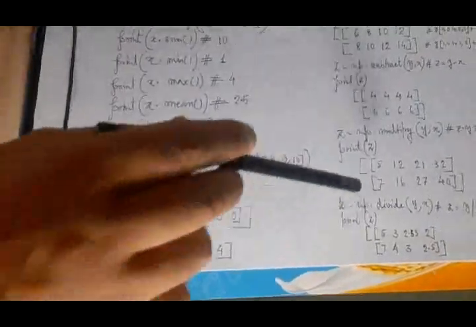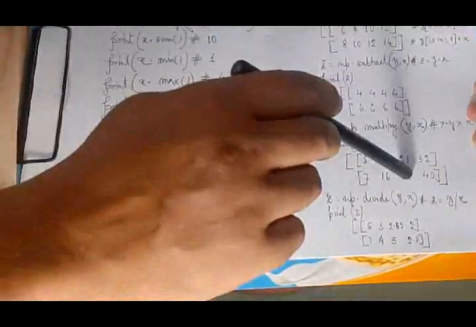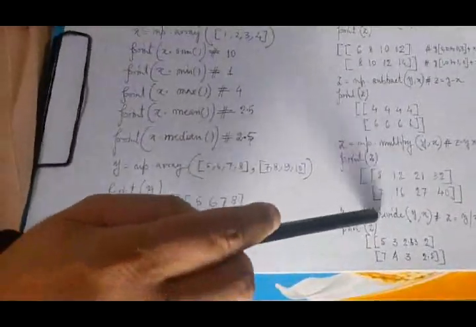So 1 into 7, 7; 2 into 8, 16; 3 into 9, 27; 4 into 10, 40. Okay? Similarly, divide also works the same way. So this is how the functions of NumPy work.